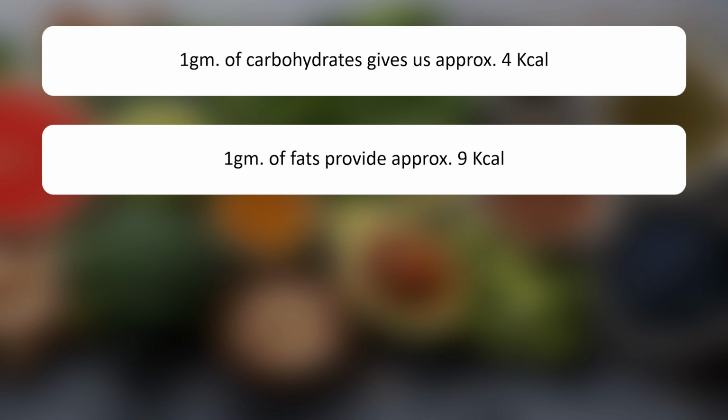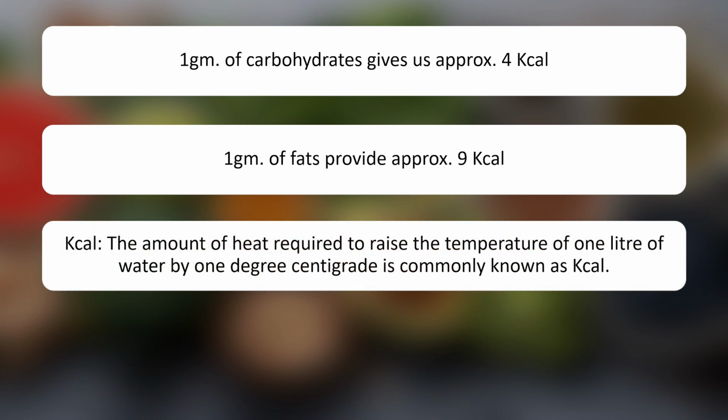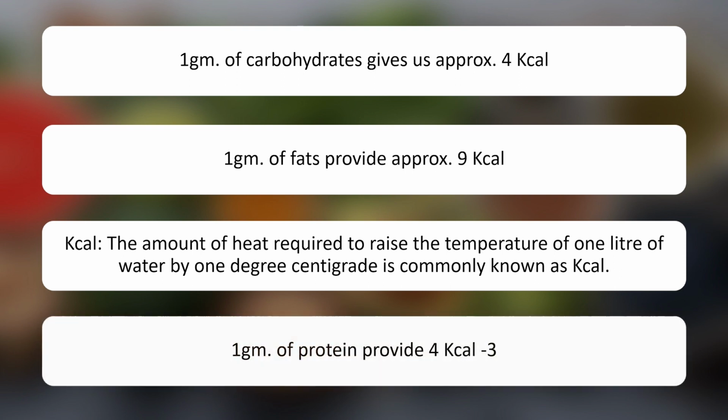What are kilocalories? That is the unit of energy, and we can define it as the amount of heat which is required to raise the temperature of 1 liter of water by 1 degree centigrade.